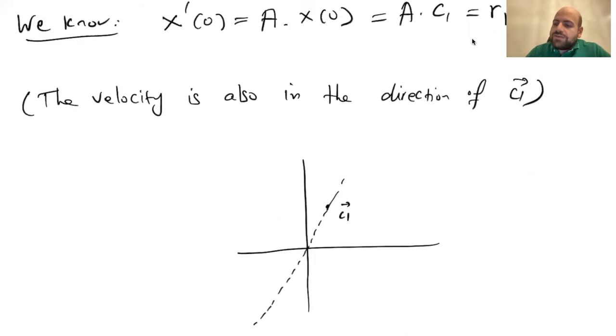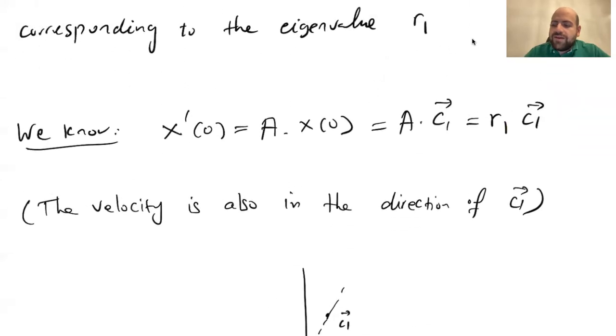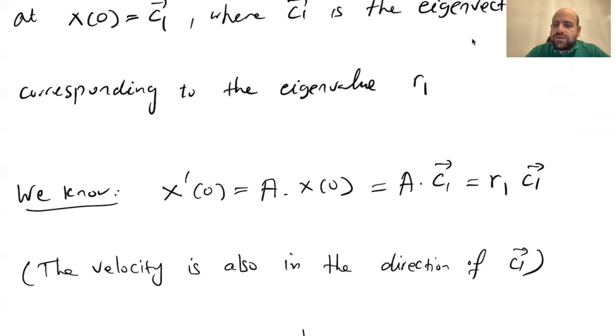Now, the direction of C1 means along this line. Let's say if C1 is in this direction, means along this line. Now, what along this line? Does it go farther from origin along this line, or does it get closer and closer to origin along this line? Well, that depends on whether this R1, the eigenvalue, is positive or negative.